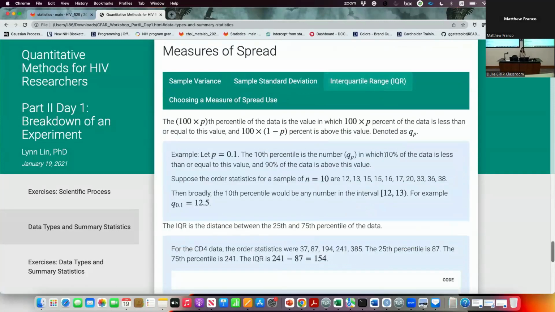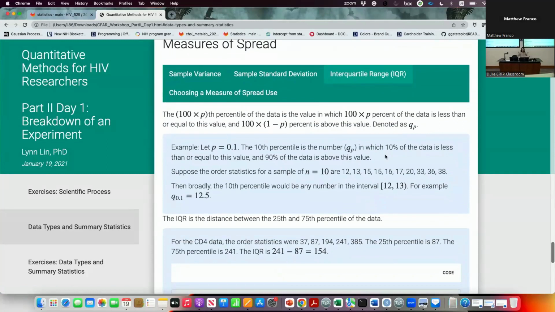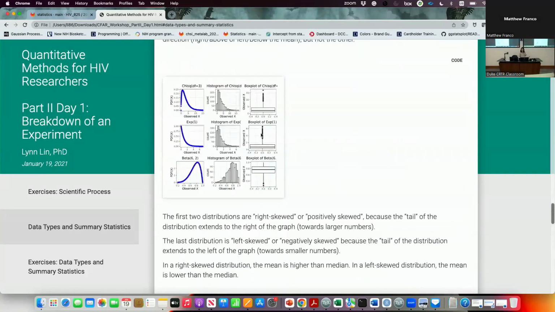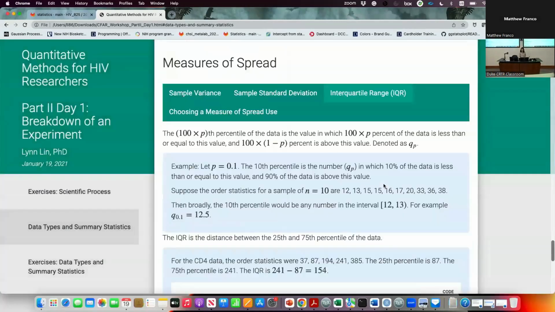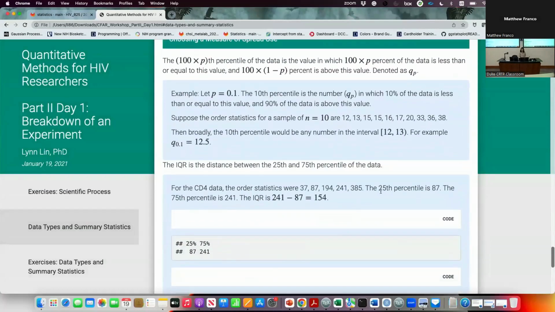There's another way to quantify the spread, which is the IQR, the interquartile range. Have you heard of the IQR before? Yes, because when you generate a box plot, it is generated through the calculation of the IQR.